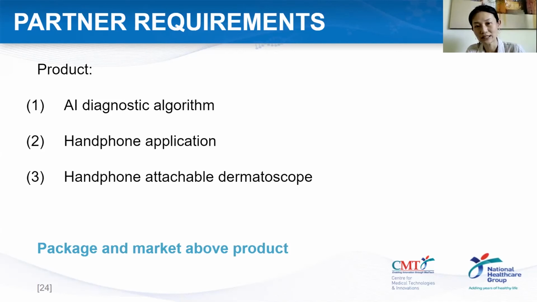But if you have just the dermatoscope, it's like a regular dermatoscope that all of us have. If you just buy the dermatoscope without the app or the algorithm, then it's like buying a dermatoscope on your own. It doesn't serve the function of this AI early diagnosis of melanoma.